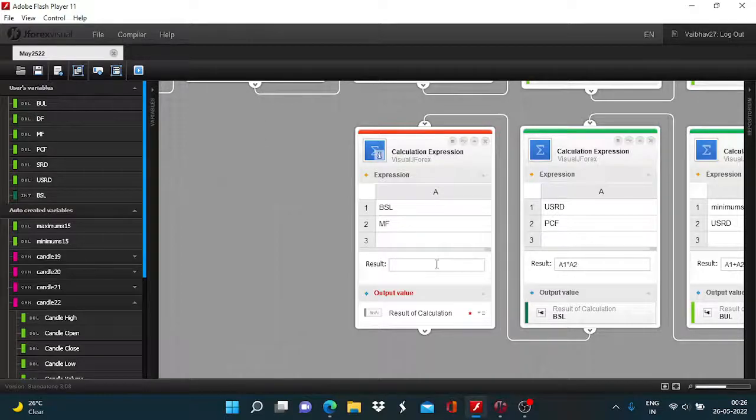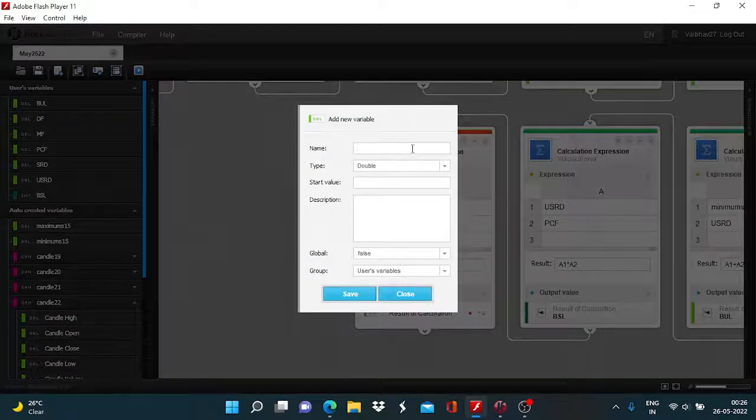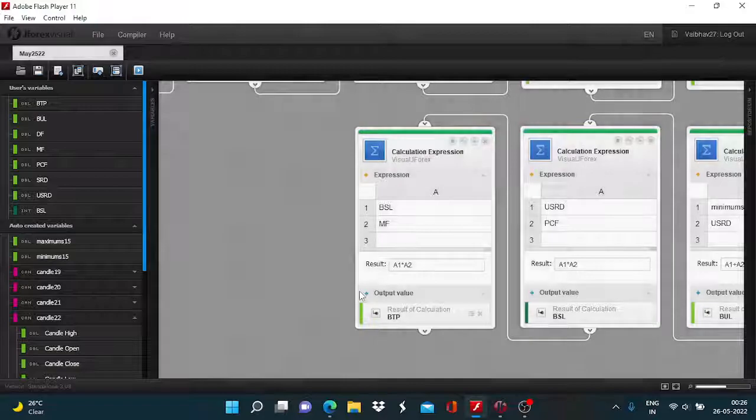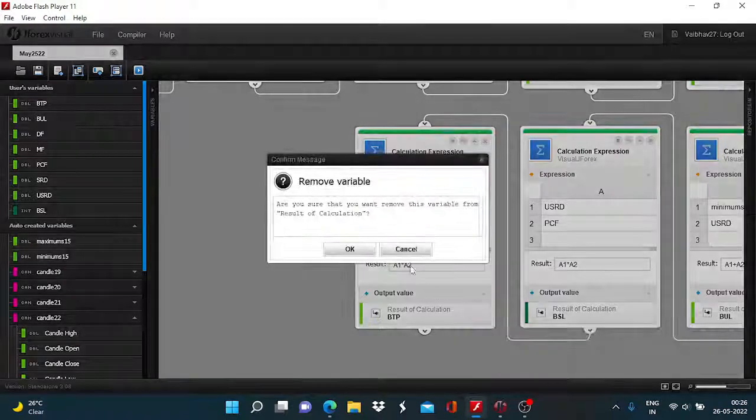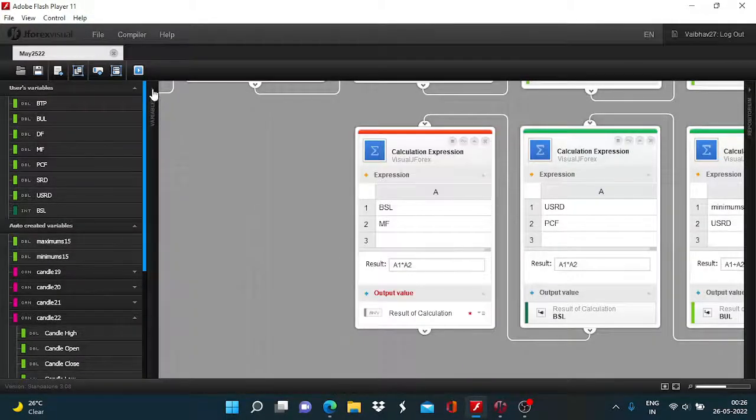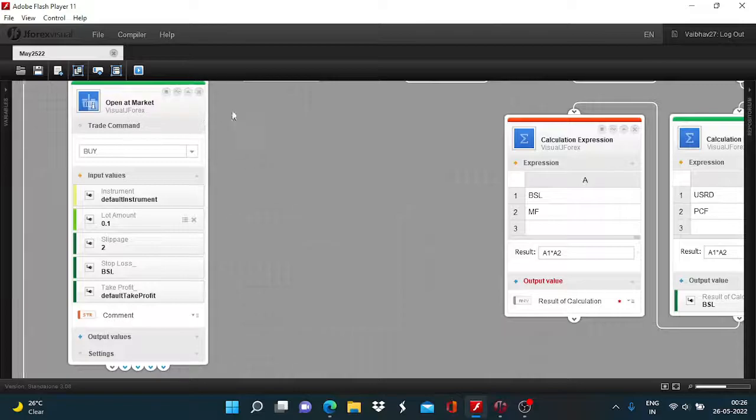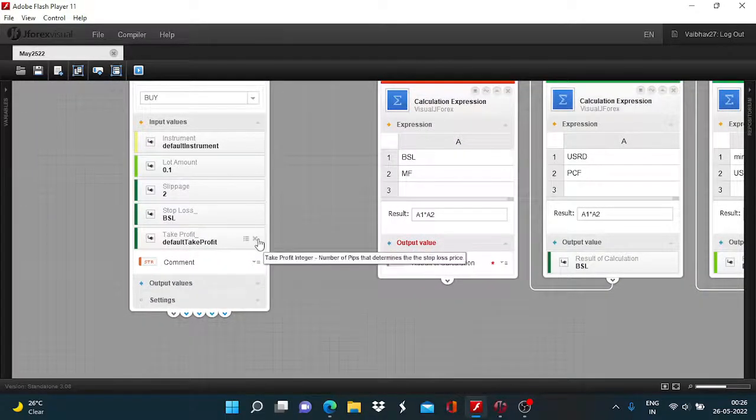Again, this will be A1 into A2. This will be by take profit. Oh, I made a mistake here. This needs to be of integer data type, so I have overlooked it. It needs to be created here.